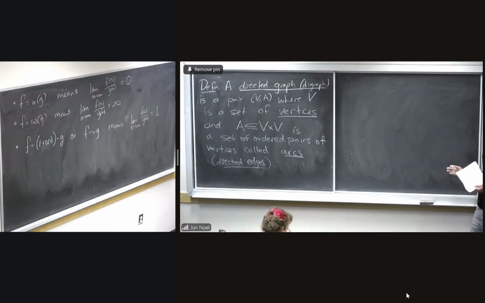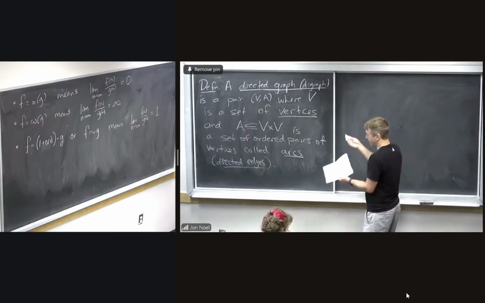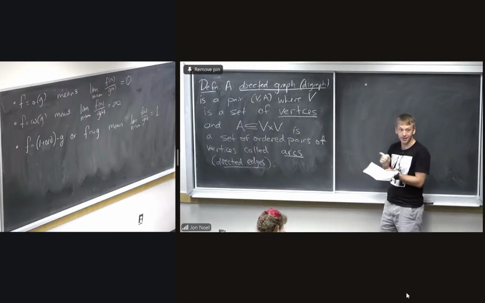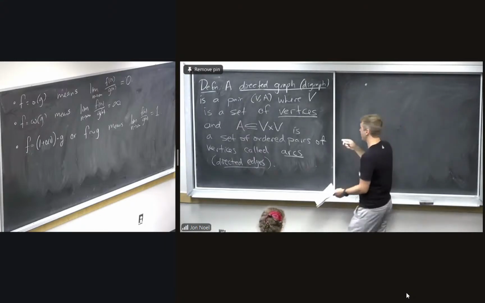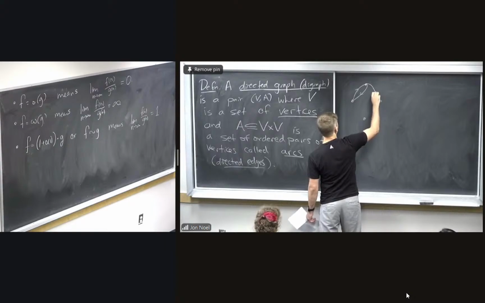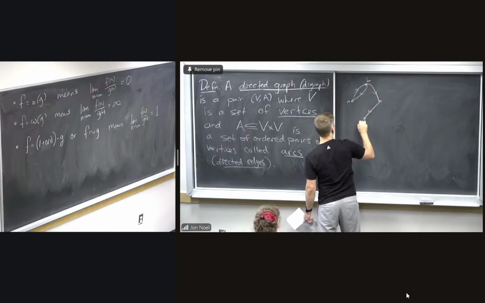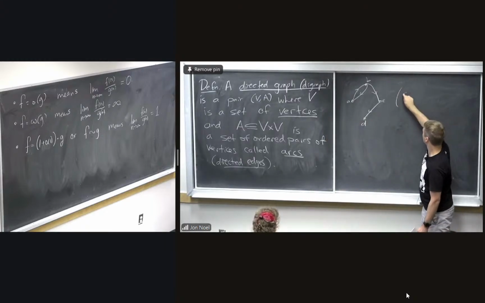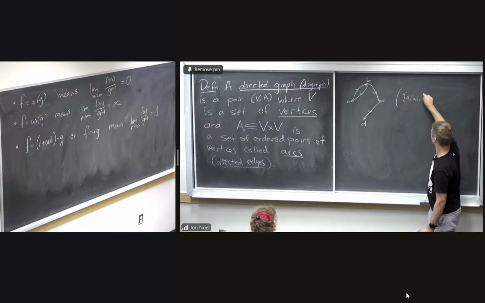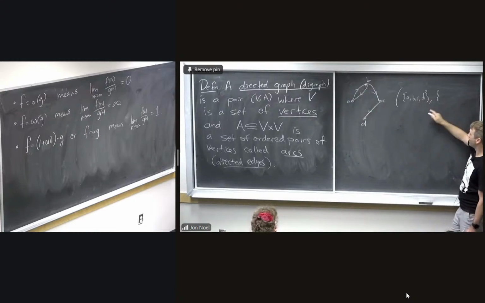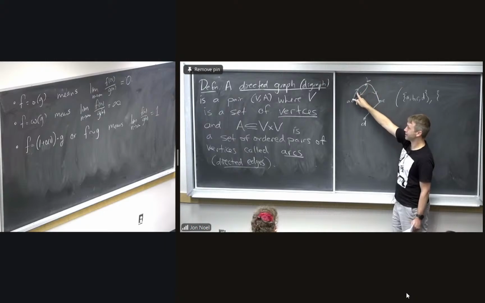Okay, so if you've taken graph theory or even second year discrete math, you might be familiar with these kinds of things, right? So it's basically like a graph, except that the arcs, the edges, have directions. As an example, this would be the digraph where the vertices are A, B, C, D. Each of these edges has a direction on it, right?